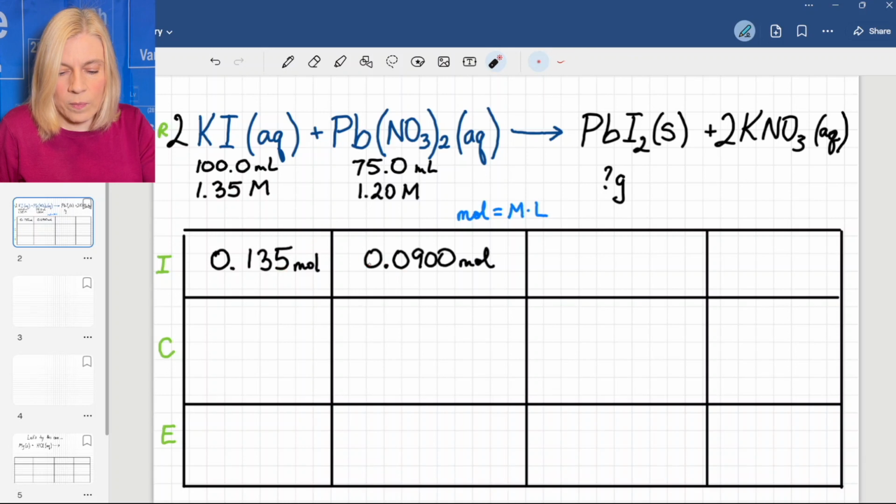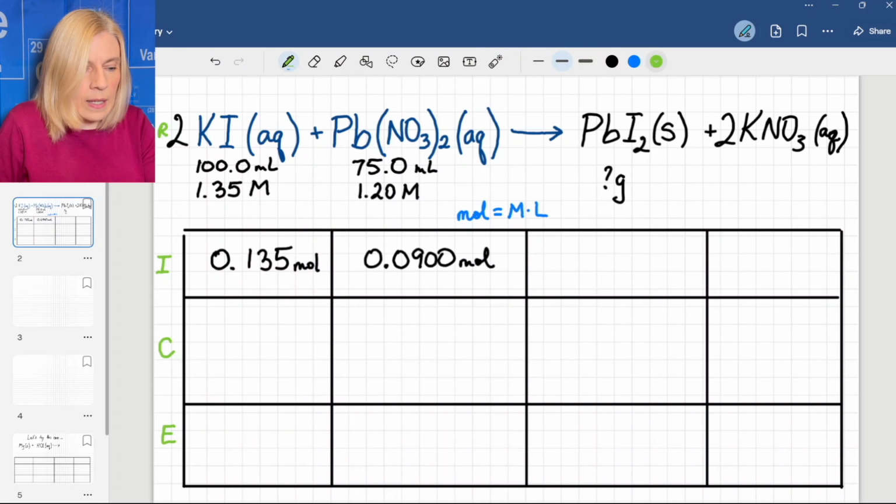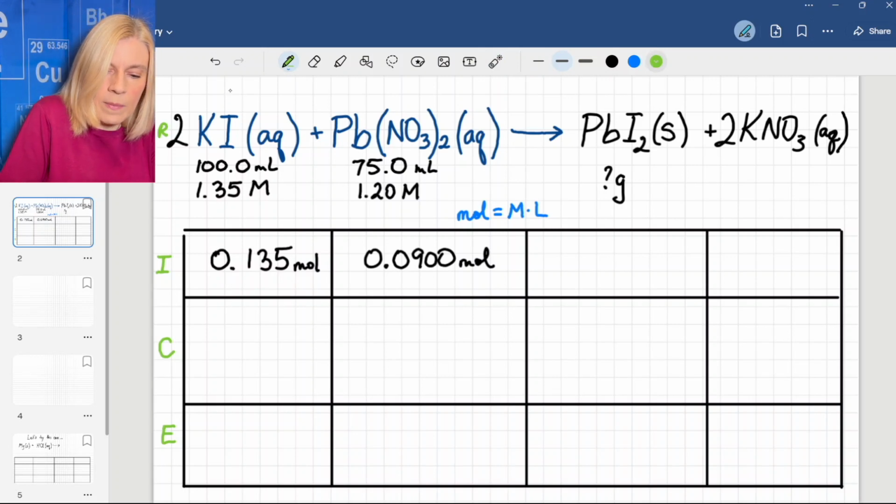Now, let's compare. Do I have double that amount? No. If it was double, I would need 0.180. But I have less. I have 0.135. So that means my potassium iodide is my limiting reactant. And here I have excess.